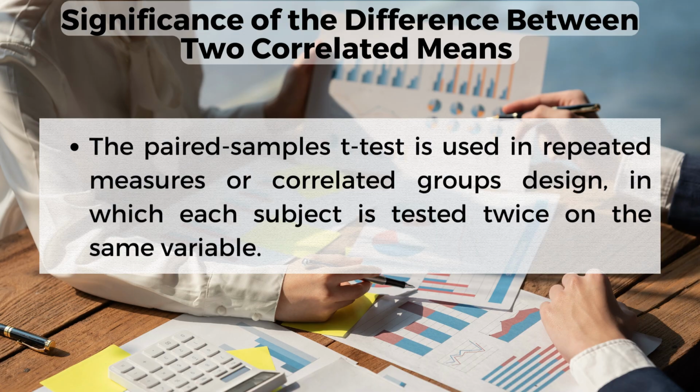What does it mean? It means that in psychology we have different types of situations where we are interested in looking into the effect of training or the effect of medicine, and we want to compare two situations. The first situation is before the administration of the training, and the other situation is after the administration of the training or learning.